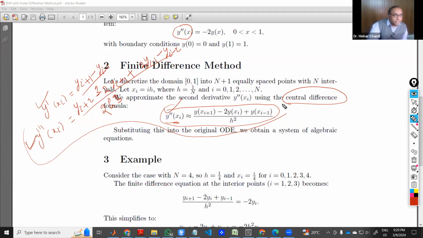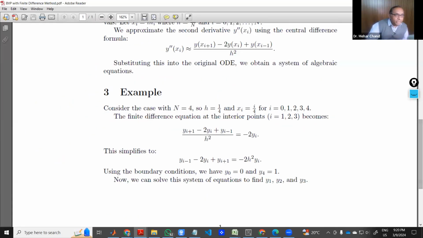So these expressions are required to implement the finite difference method. Now, for our above problem, we will use the central difference. Here we are choosing n equal to 4, h equal to 1 by 4, and xi equal to i upon 4, where i will be equal to 0, 1, 2, 3, and 4.